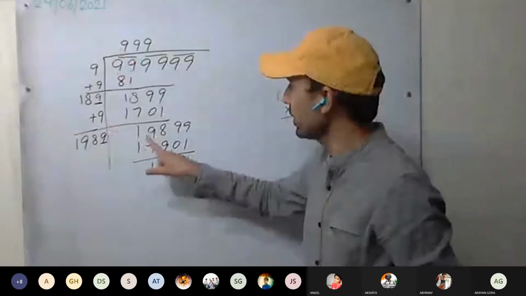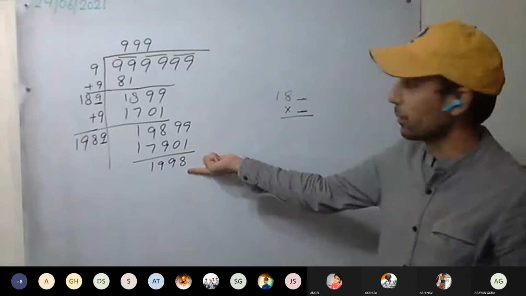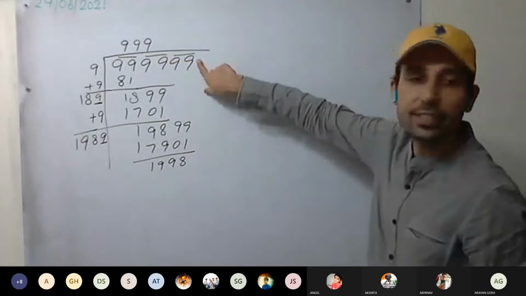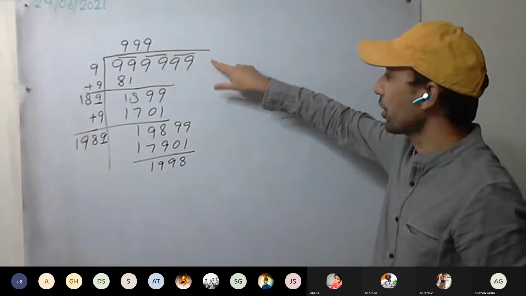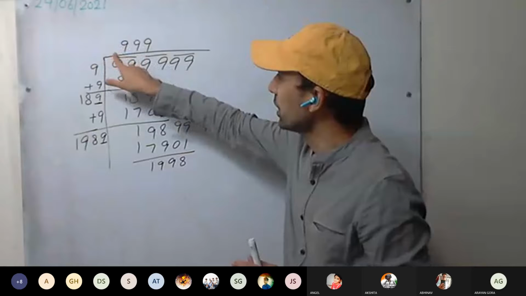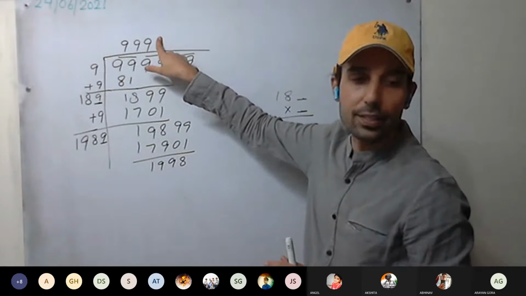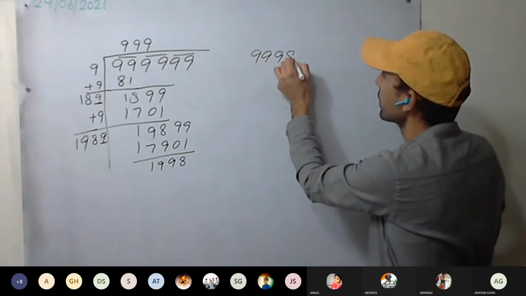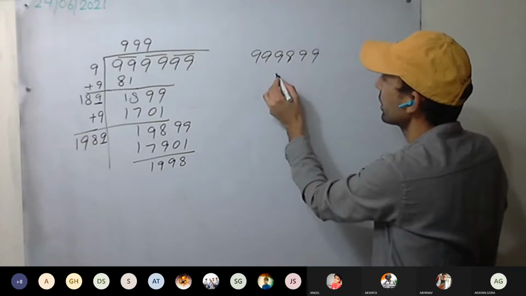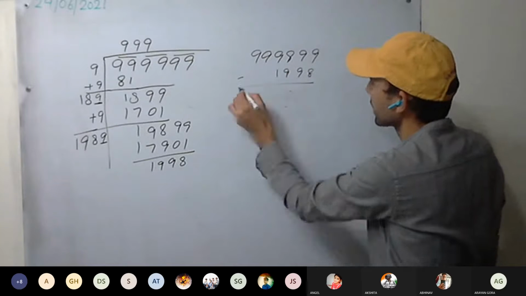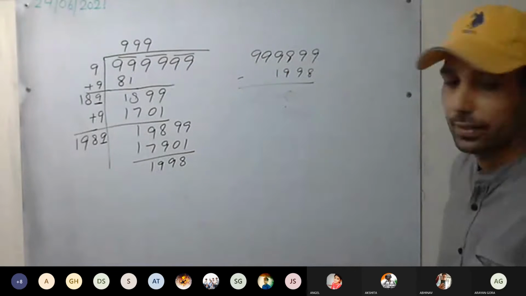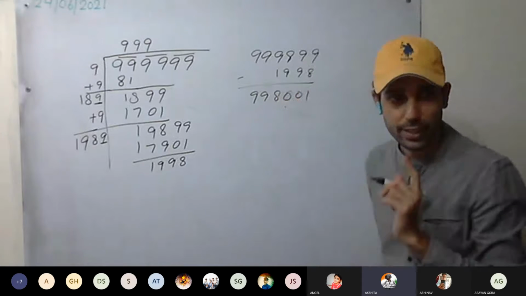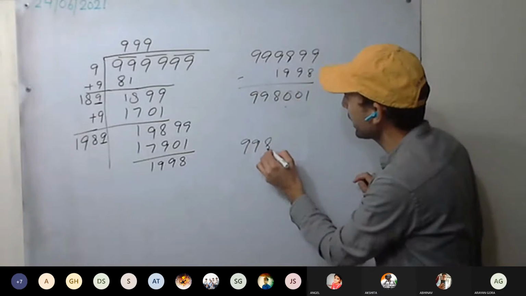So after long division, we have got this remainder. Now if we subtract 1998 from this 6-digit number, whatever number we get will be a perfect square. Subtracting, we get 998001.